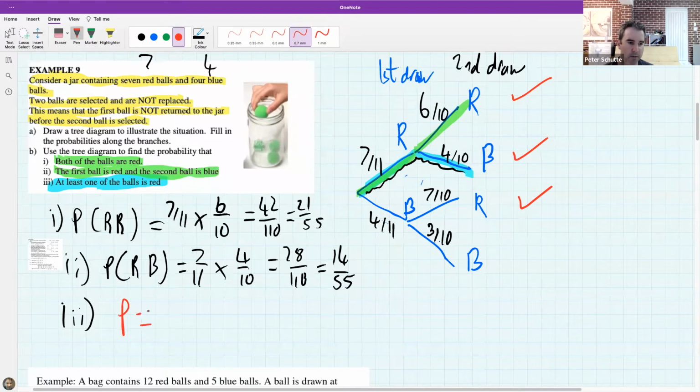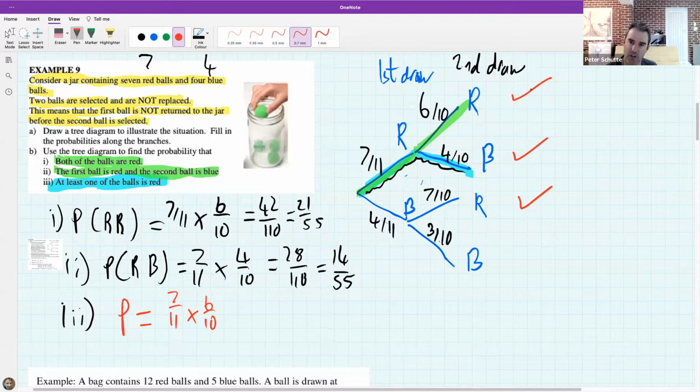So what is the probability going to be then? I think it's just going to be the sum of these 3 branches, because at least one of the balls is red. So at least means we include the red one. So I think we just go, the one branch is going to be like that.